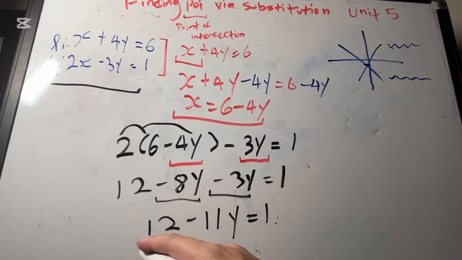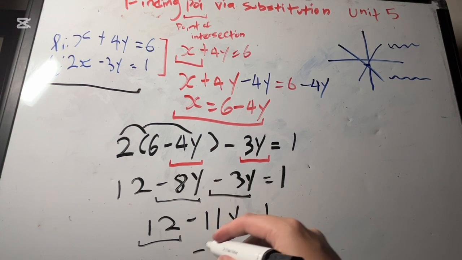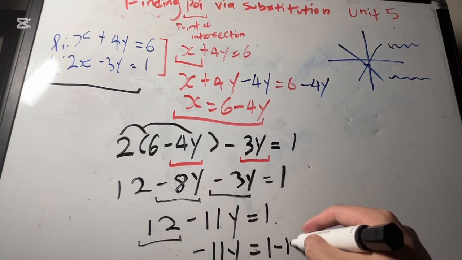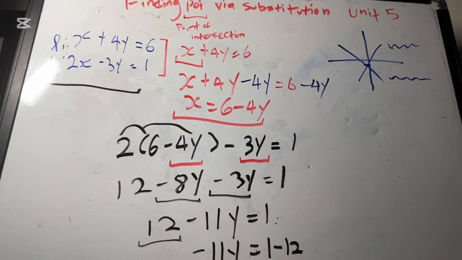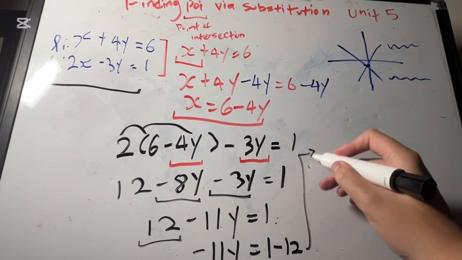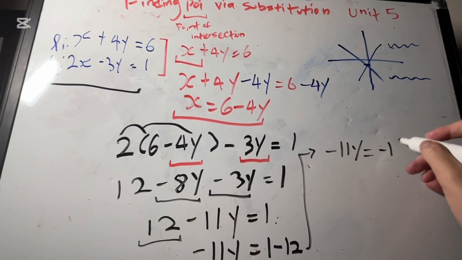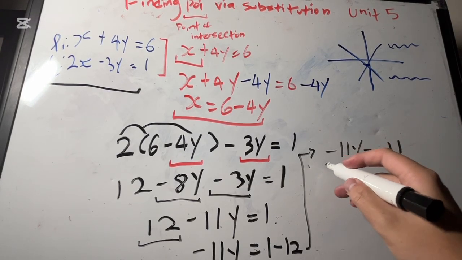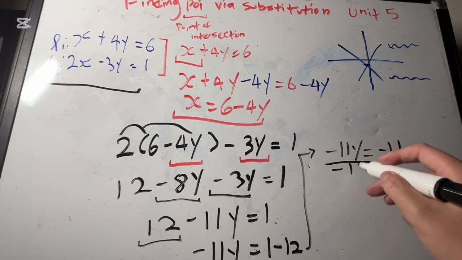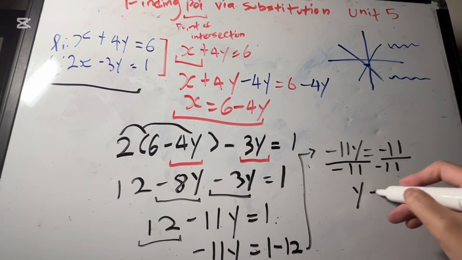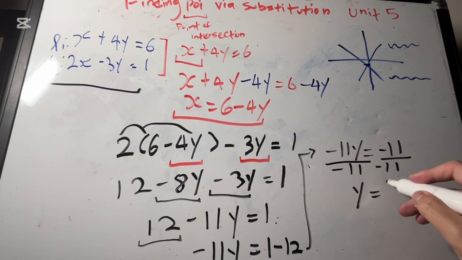And now we have to take away the 12. Negative 11y equals 1 minus 12. So negative 11y equals negative 11. As you can see here, we can divide both sides by negative 11. And thus we get y equals 1.